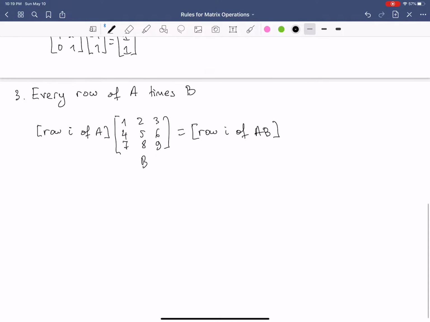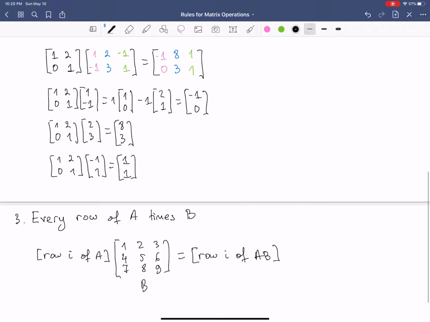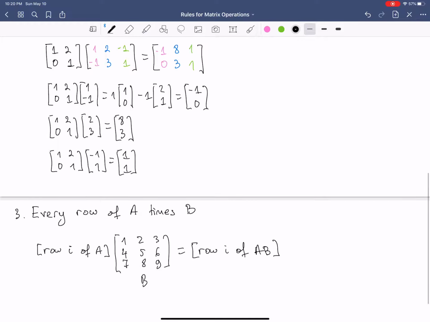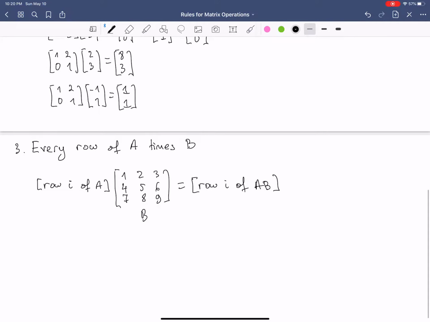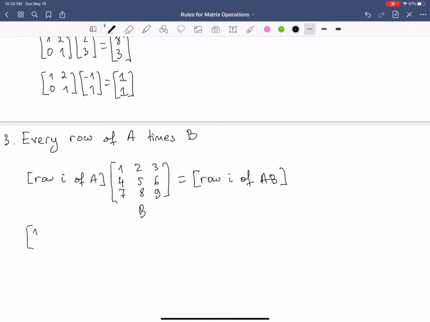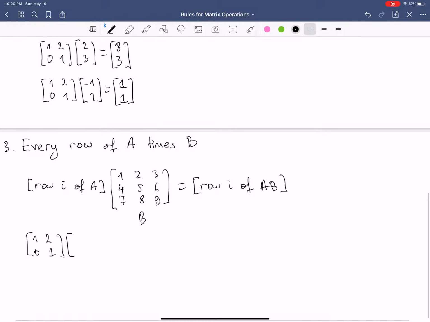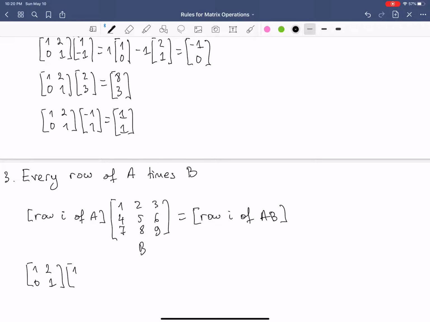In fact, maybe I should have just used the same example as before. Let's do that. So we have the same matrix, 1, 2, 0, 1, times the matrix 1, negative 1, 2, 3, 8, 3.